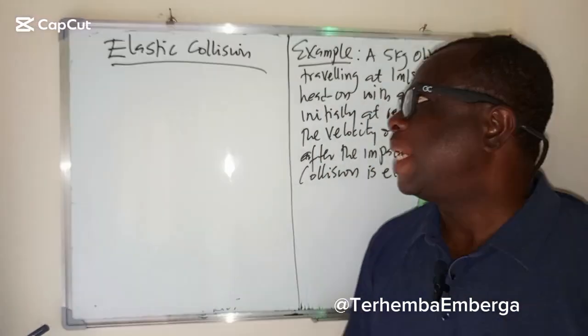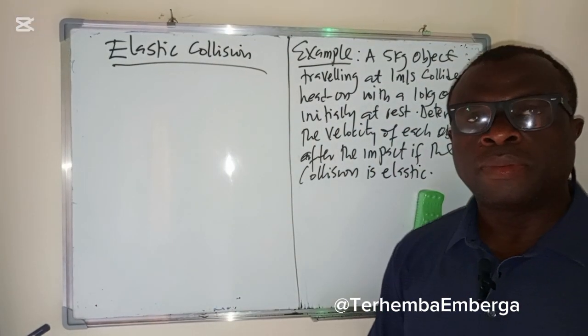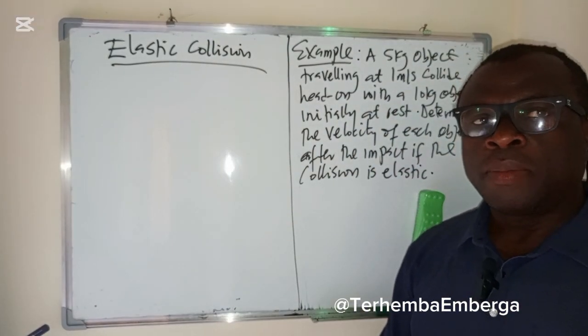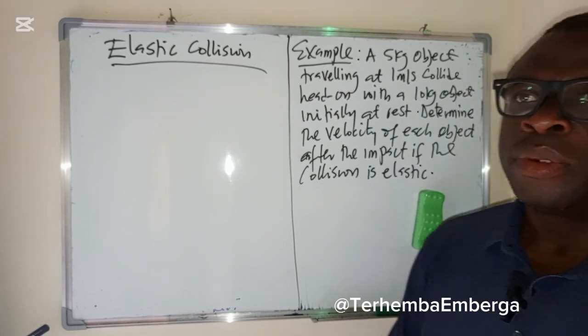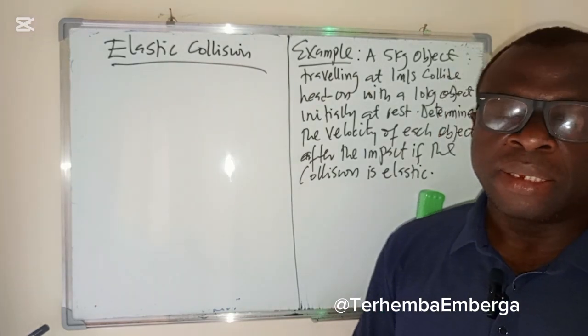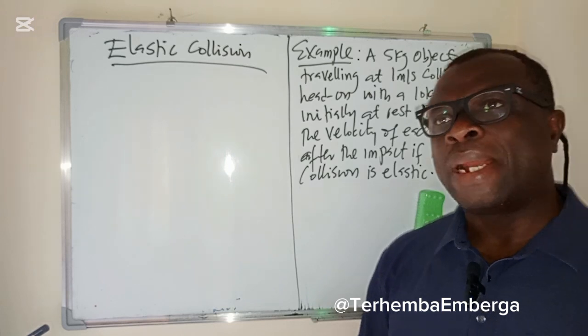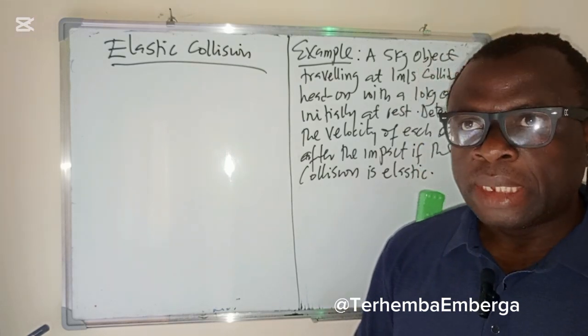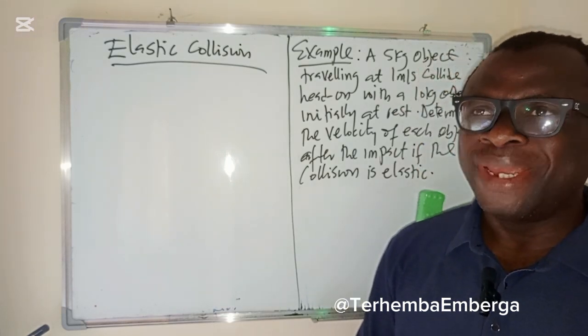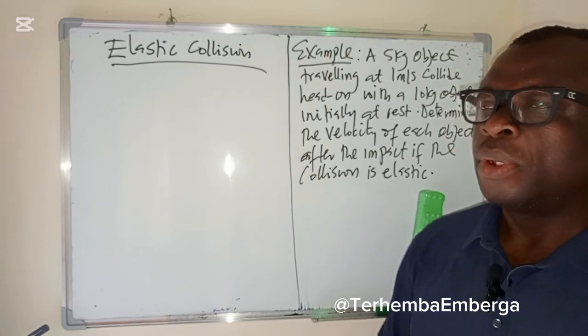Today we'll look at elastic collision. Previously we looked at the kinds of collision: one, elastic collision, two, inelastic collision.